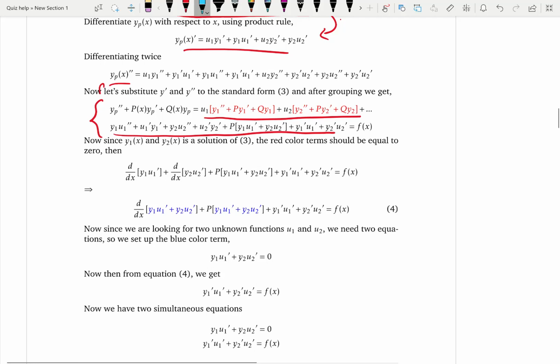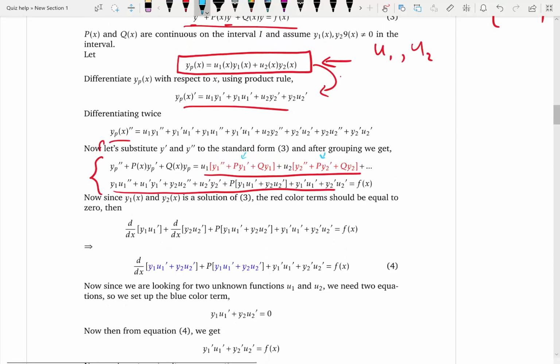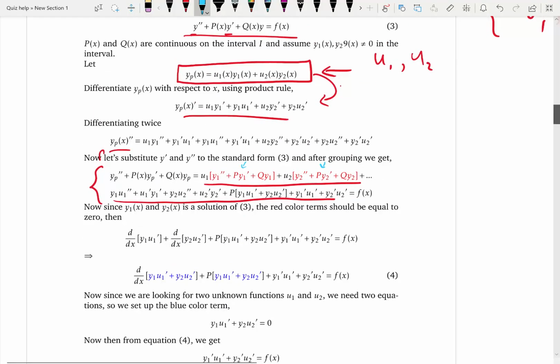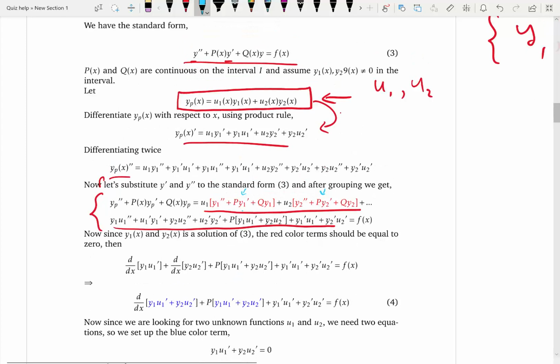Now focus on the red colored parts that I have highlighted here. Those are very similar to our differential equation, but instead of y, we have y1 here. Now y1 and y2 are solutions of the homogeneous differential equation. So I can read this part as substituting y1 into the differential equation.